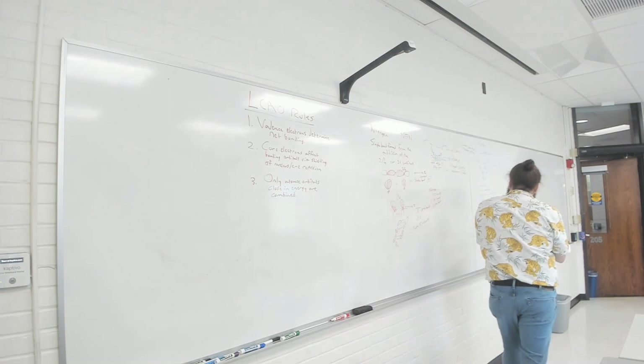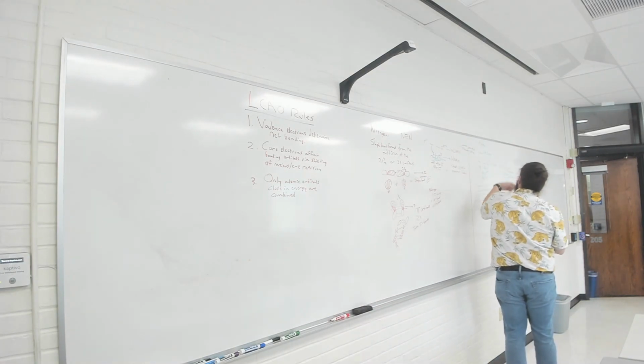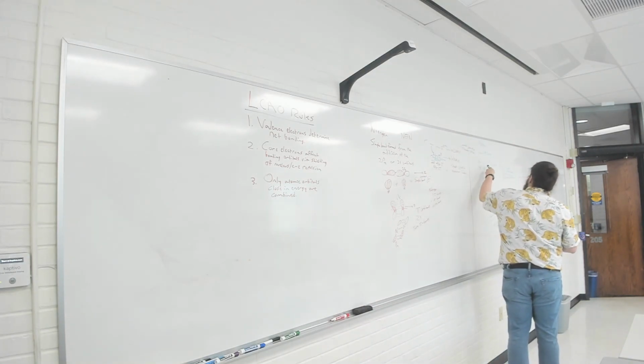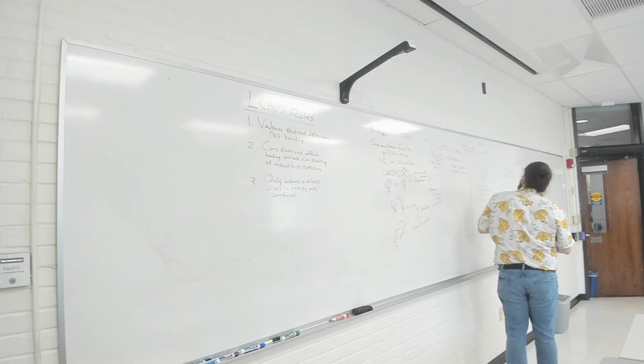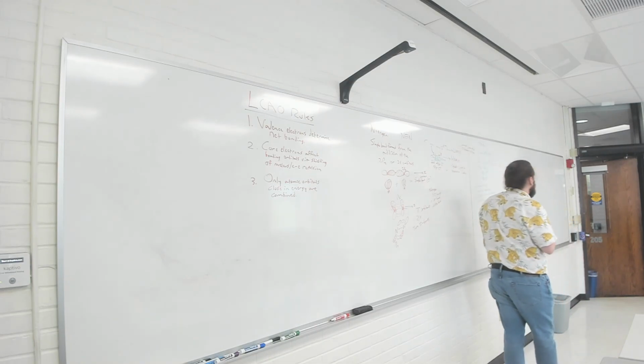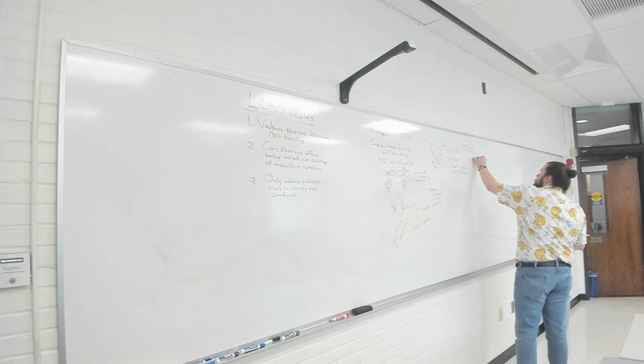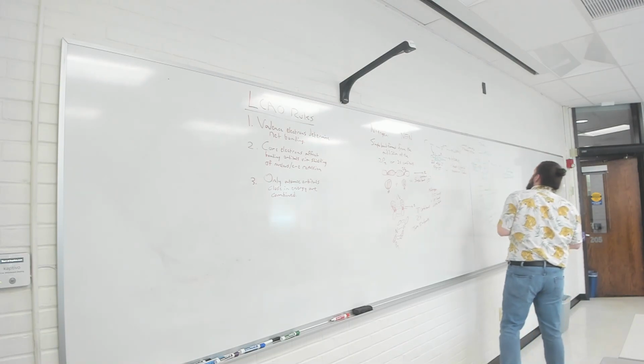And this is the reason why: oxygen has these unpaired electrons. They're in the pi star antibonding orbital. They can move around much more freely. Much more free electrons. So oxygen in general is much more reactive.